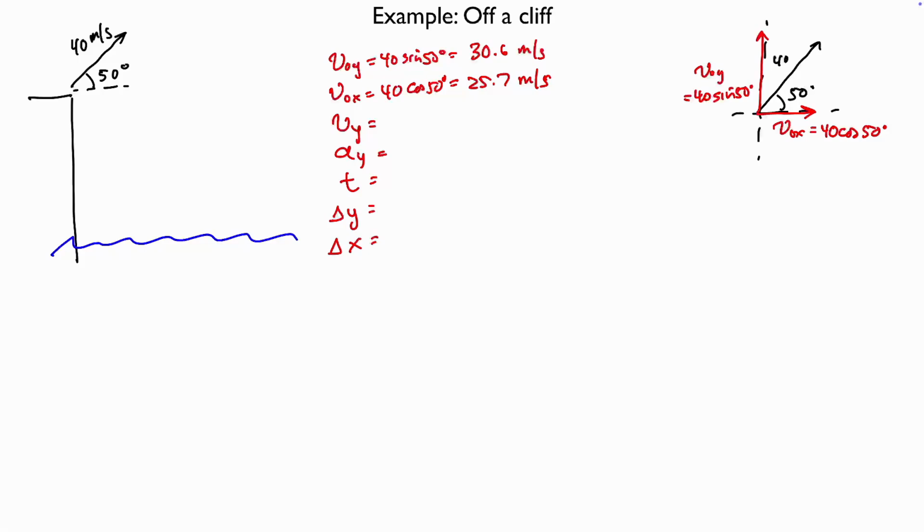Sure. But when it strikes the water, is it moving? Yes. But when it strikes the water, is its acceleration negative g anymore? No. Why? Water, right? It's no longer just gravity. It's come into contact with the water, and so we can't say that the final velocity is 0.